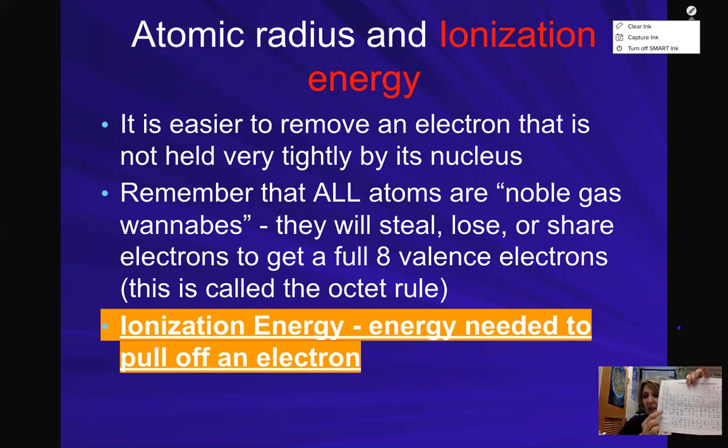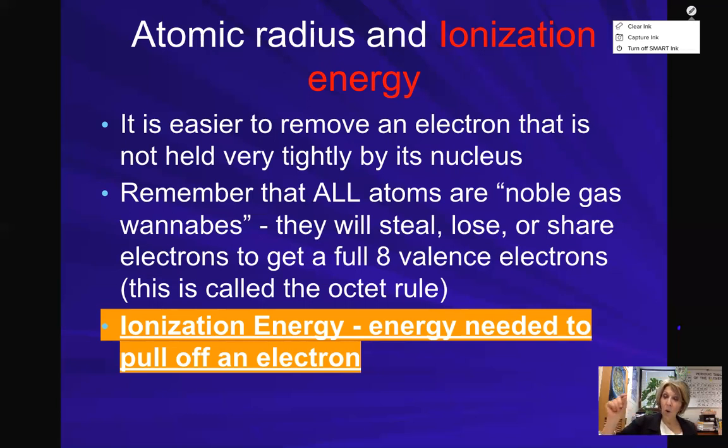Remember big fat francium down here? Big fat francium cannot hold on to its valence electrons. They're way out there and it has a weak Coulombic attraction. So removing an electron from francium is like taking candy from a baby. Super easy. Very low, what we call ionization energy.